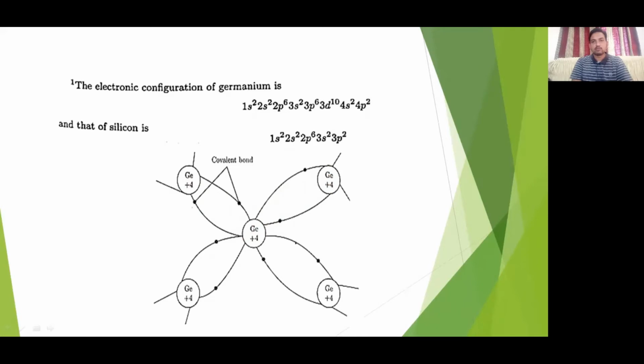This is how the covalent bond forms between germanium atoms, a very popular semiconductor which belongs to group 4. It comes from the group carbon, silicon, germanium, and so on. All these have 4 electrons in their outermost shell.